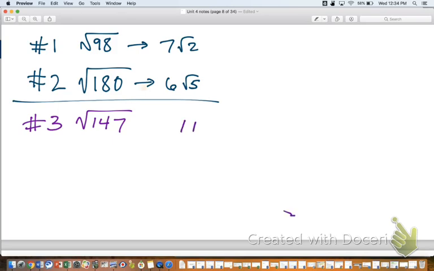If you take the digits and add them up, 1 plus 4 plus 7 equals 12. If the result is divisible by 3, then 147 is divisible by 3. There are several of those divisibility rules that you hopefully saw in middle school. Very handy. So this ended up being 7 root 3.